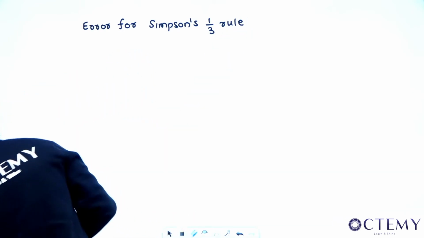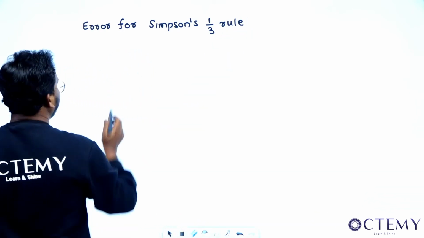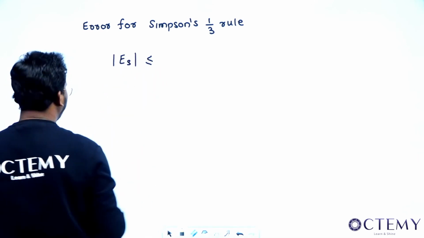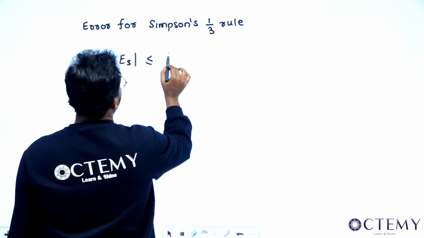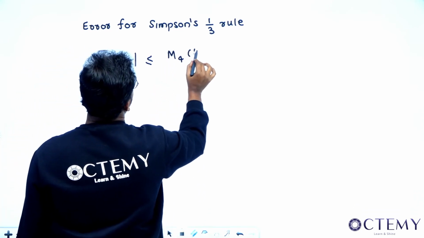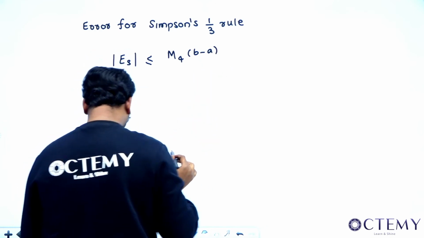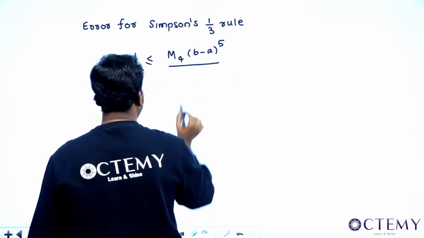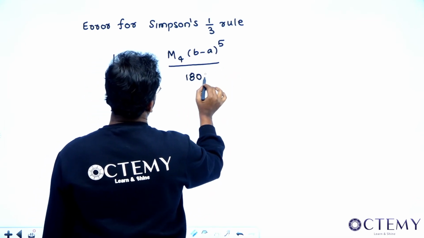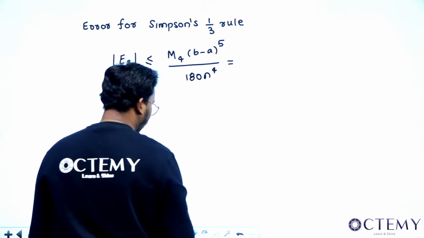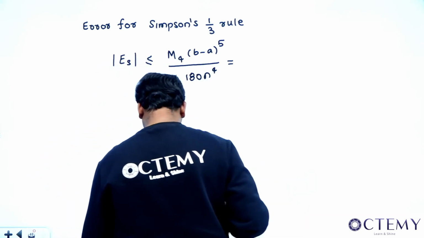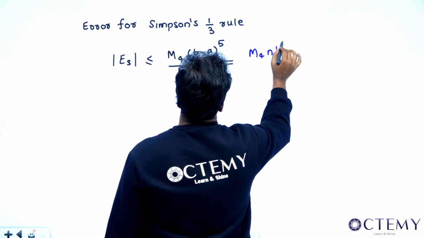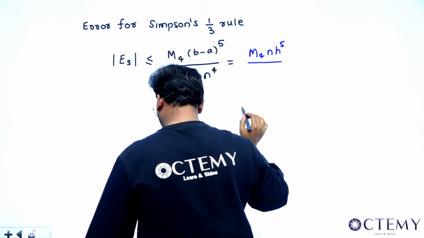The error will be like this: the maximum error of Simpson's rule, the magnitude, will be less than or equal to M4 into (b minus a) to the power of 5 divided by 180 n to the power of 4, which can also be written as M4 into n h to the power of 5 divided by 180.